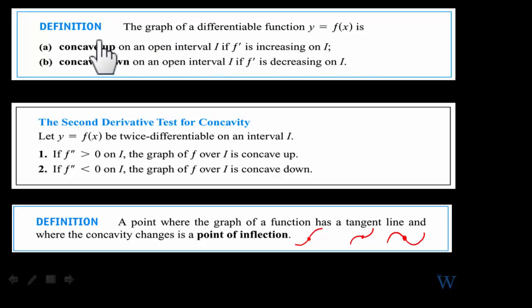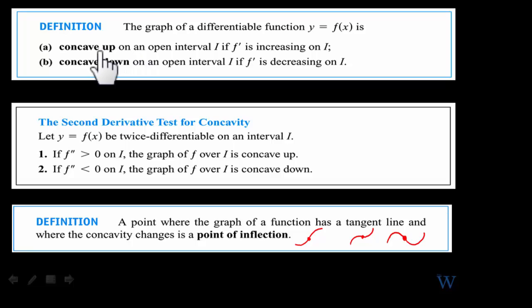Okay, let's define it. The graph of a differentiable function y equals f of x is referred to as concave up on an interval I, as in the case in the previous slide. It was from 0 to infinity, and the other one is from minus infinity to 0.